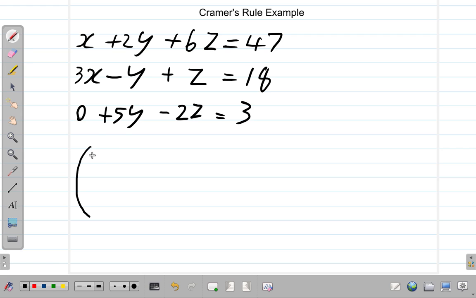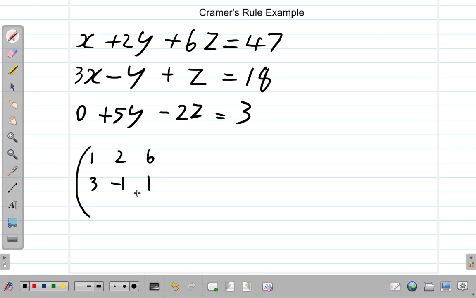We have 1 times x. We have 2 multiplied by y. We have 6 times z. All right? Now, after this, we see that we have 3 times x, negative 1 y, and 1 z.